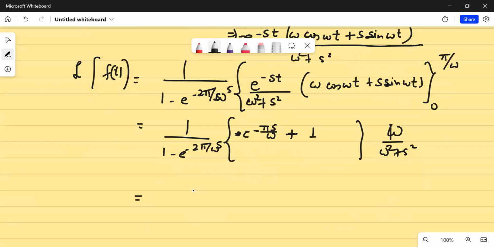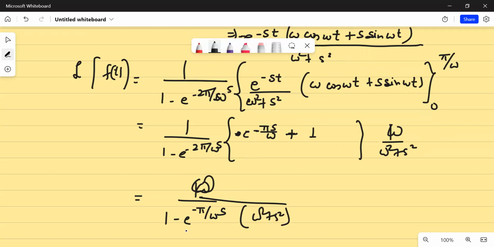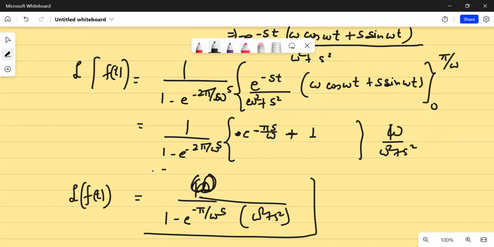Finally you will get 1 upon 1 minus e to the power minus pi s upon omega, into omega upon omega square plus s square. Is that clear? So this would be the answer: the Laplace transform of a half wave rectifier.